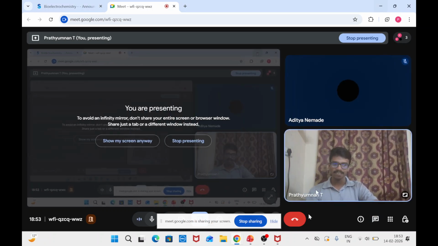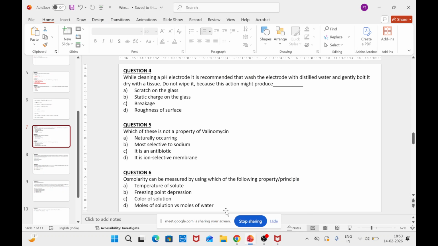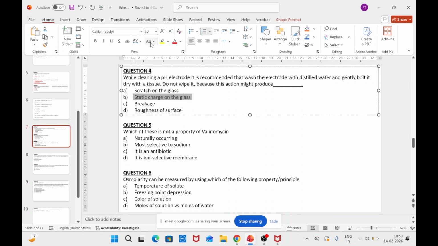It is static charges on the glass surface, because if you rub it, the charge gets accumulated on the surface and that might create problems while measuring the pH of the system. Just by wiping you will not create any scratch or roughness, and breakage is not possible with wiping alone. The electrostatic charges created will cause changes in the potential and affect the measurements in the system.